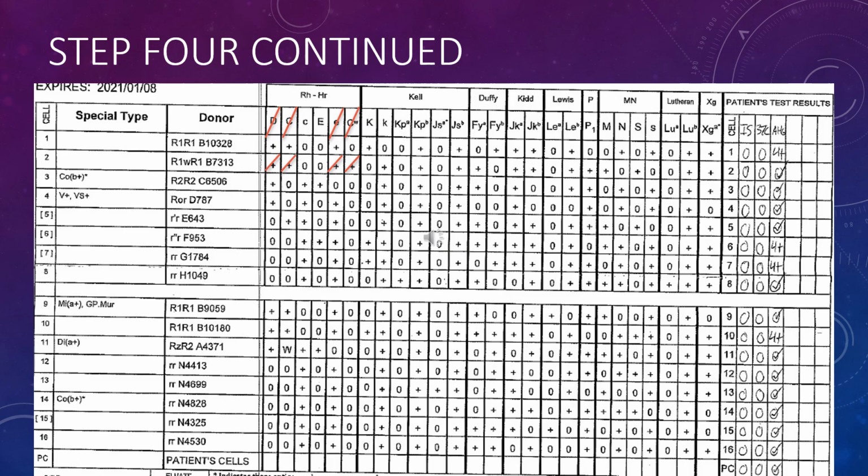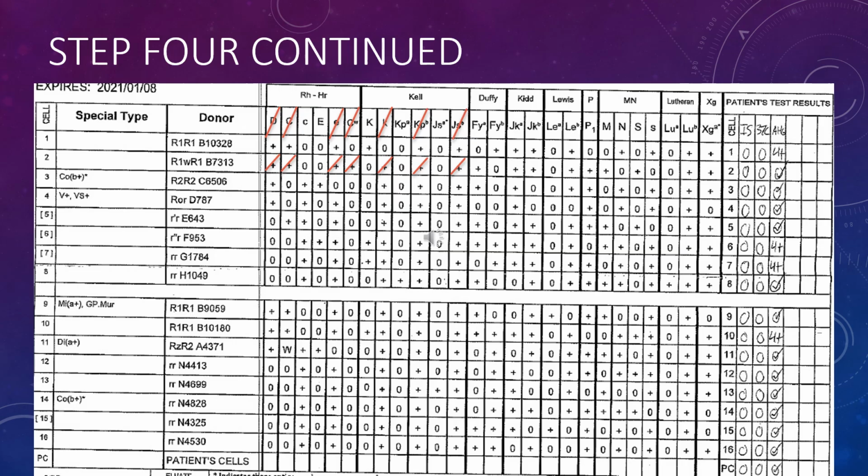And then what about big K? We can't cross that off because it's negative here. We can cross off little k though. And then you can cross off KPB and JSB. What about Duffy A?